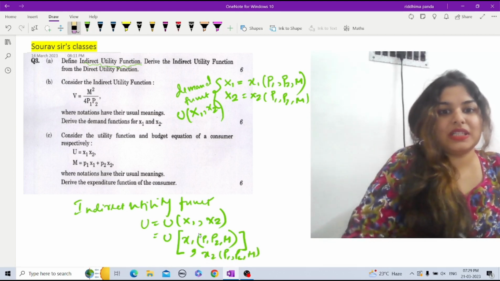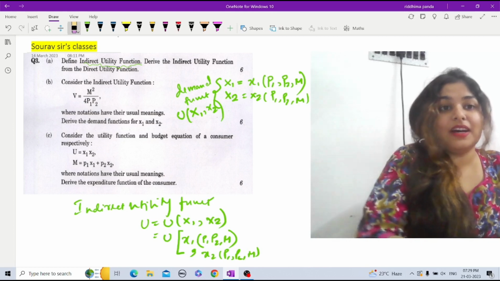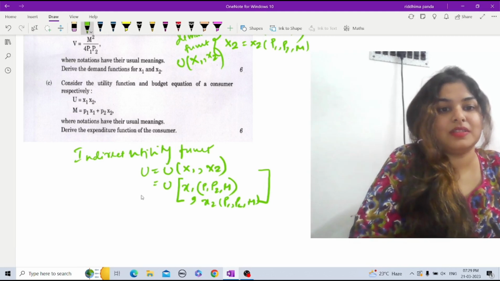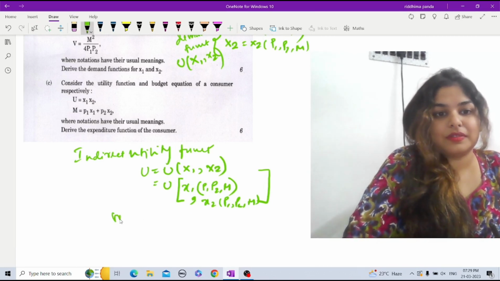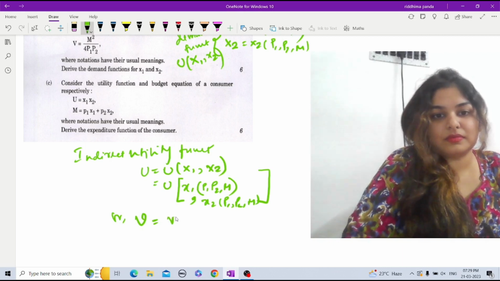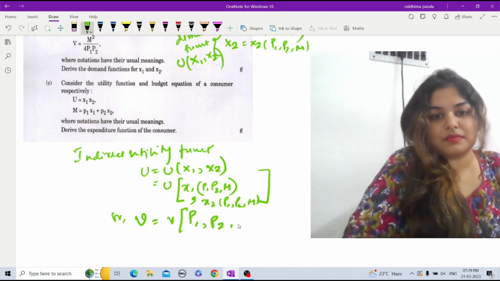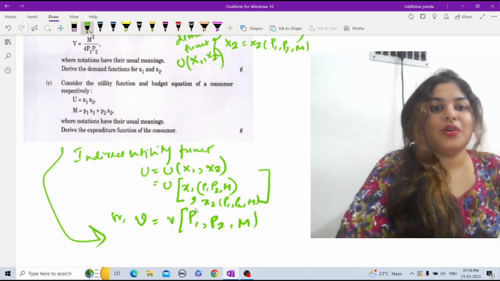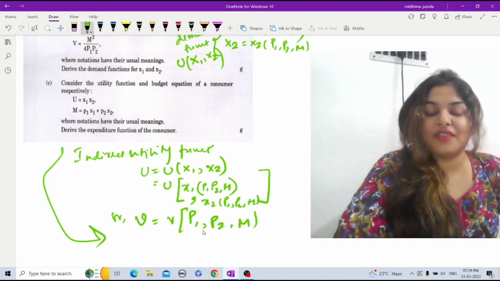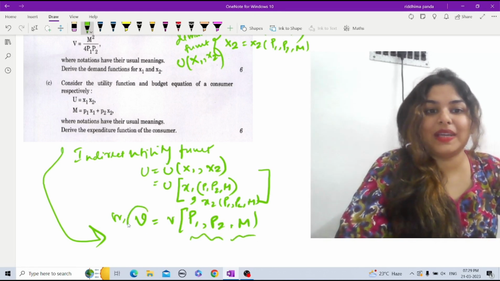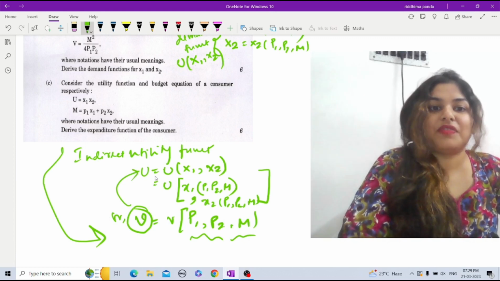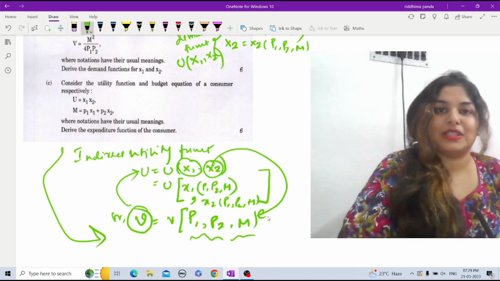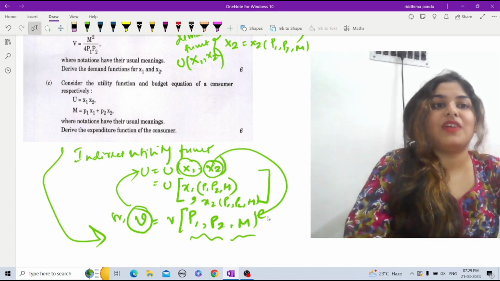So this utility function is directly a function of X1 and X2 and indirectly a function of price and income. This is my indirect utility function. When I write it as a function of prices and income, that becomes my indirect utility function, which is obviously derived from the direct function, because X1 and X2 are the demand functions of these variables.